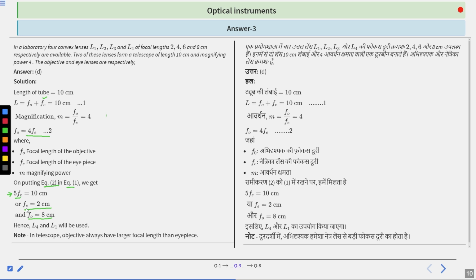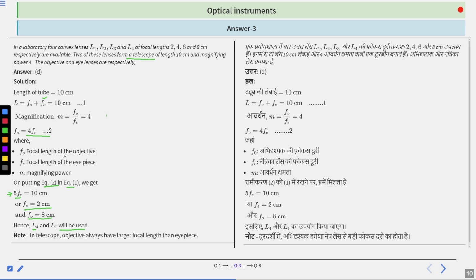So the focal length of the objective lens is 8 centimeter and the focal length of the eyepiece is 2 centimeter. Hence, L4 and L1 will be used to form a telescope.